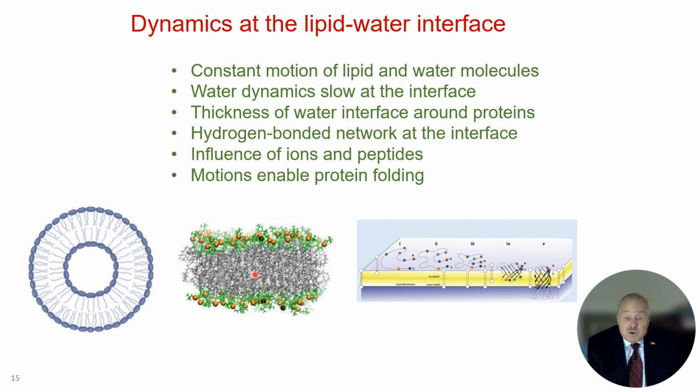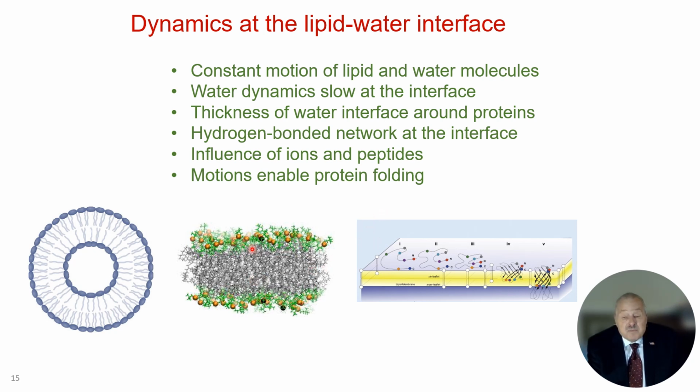There's constant motion of lipids and water molecules. Here, there's an interface layer in which some of the water molecules have much slower rotational times. So there's an interface region which is different from the bulk solvent. What's the influence of ions and peptides on this interface?